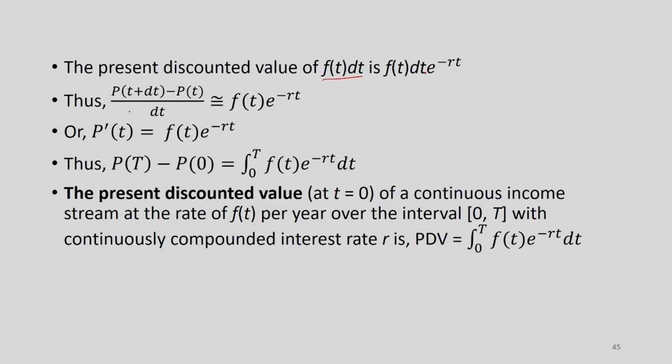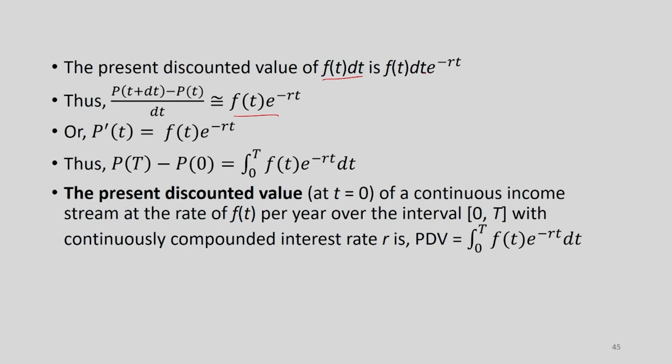Thus, (P(t plus dt) minus P(t)) divided by dt, taking dt to the left hand side, is approximately equal to f(t) multiplied by e to the power minus rt. And I can take dt going to 0, and so the left hand side becomes P dash t. P dash t is equal to f(t) multiplied by e to the power minus rt.